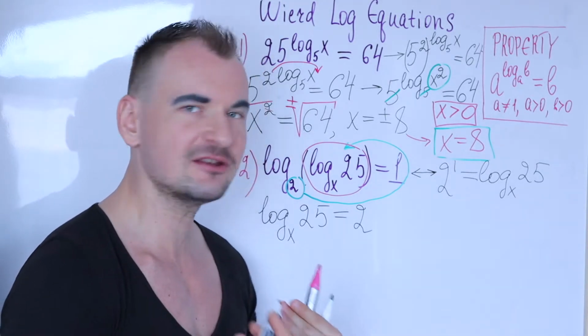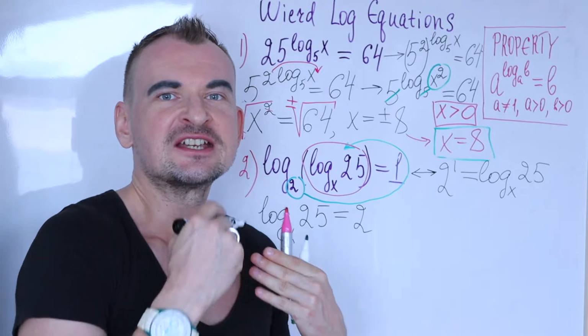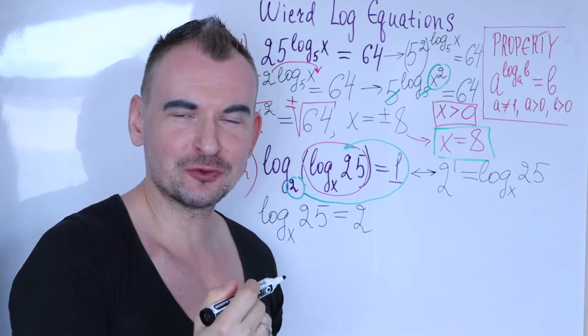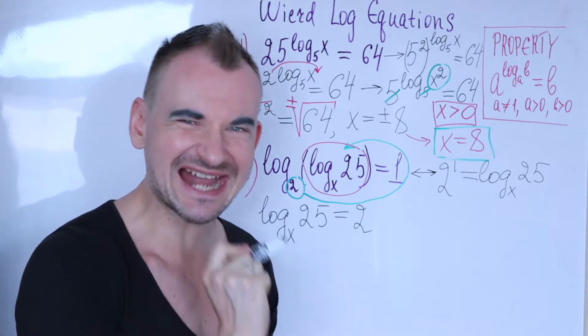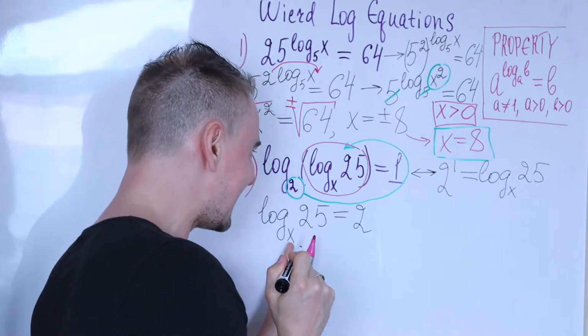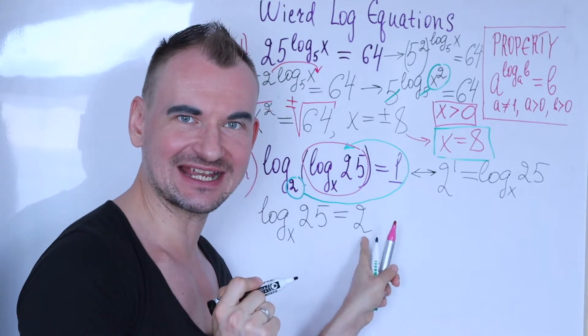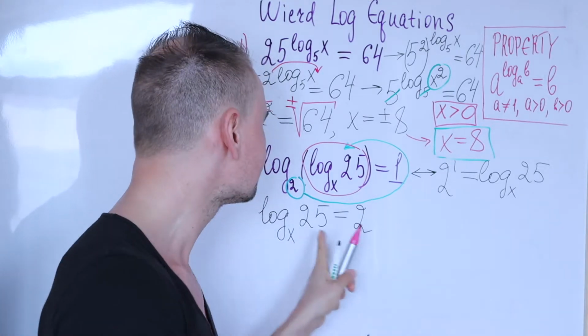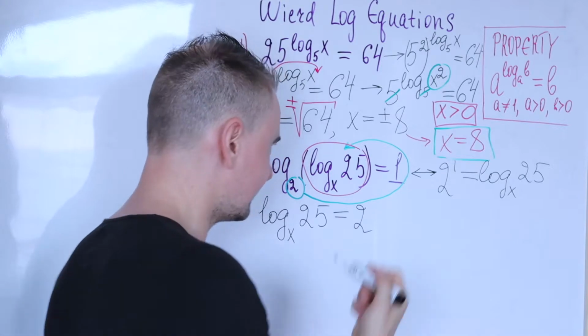So again, you could use the exponential version for that log, by grabbing this x, raising it to the second power and setting it equal to 25. So let's do it.